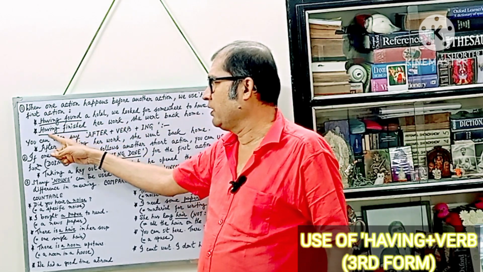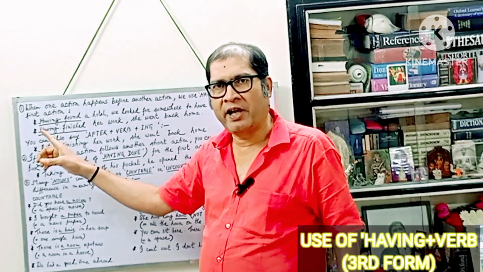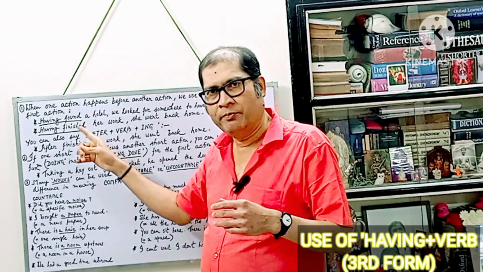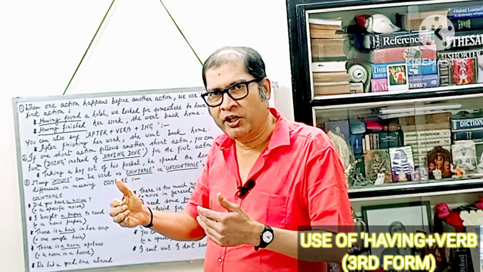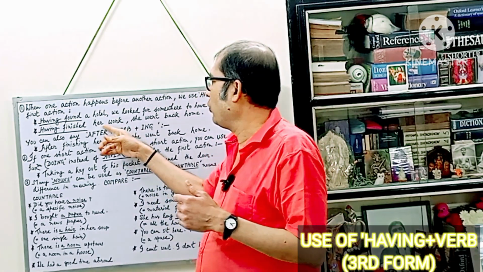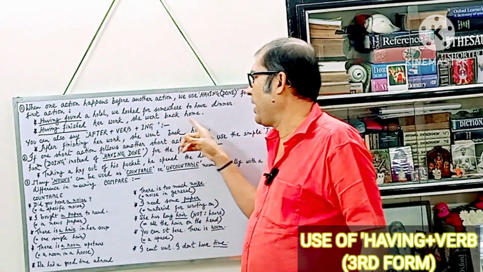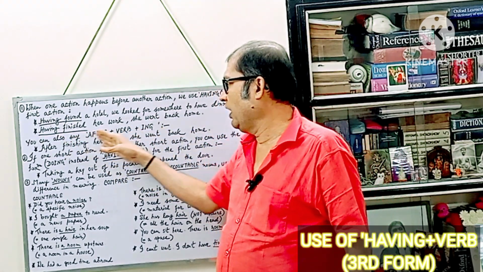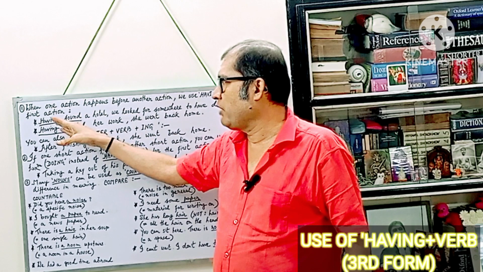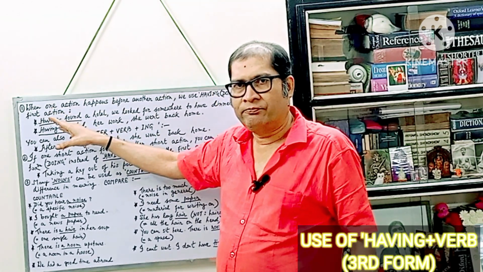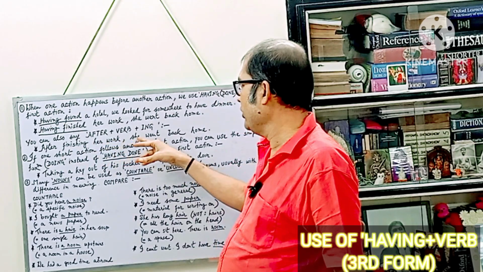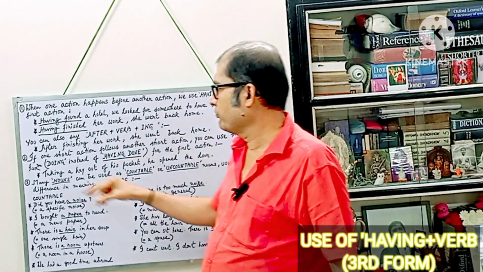So instead of having finished, we may say, after plus verb finish plus ing. After finishing her work, she went back home. So this particular formula you can use if you want to avoid this having phrase.